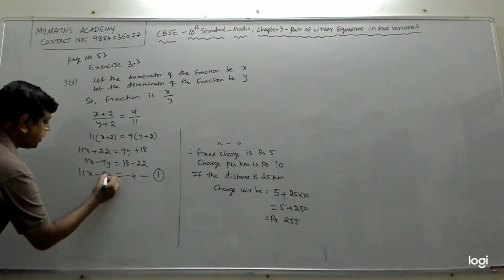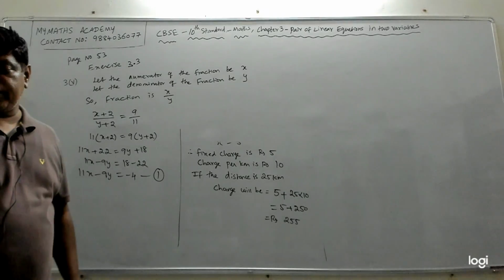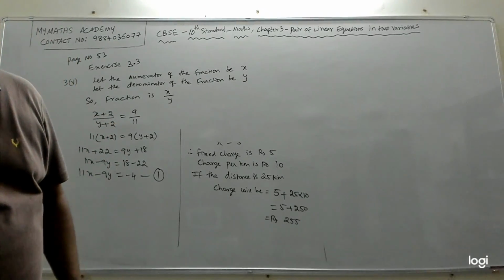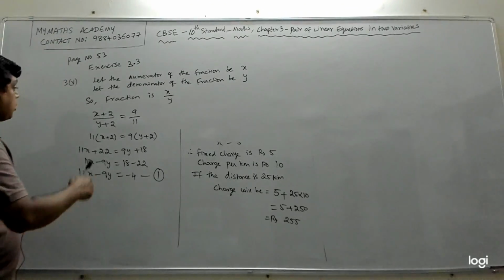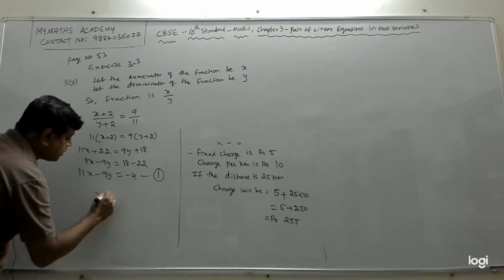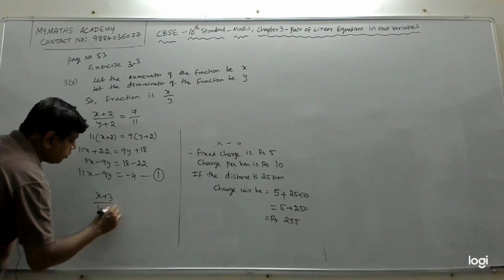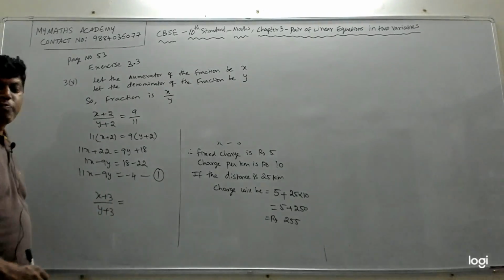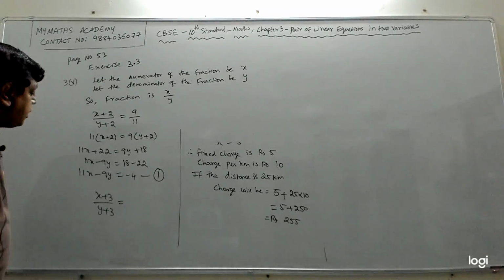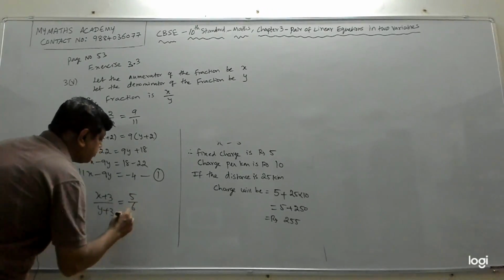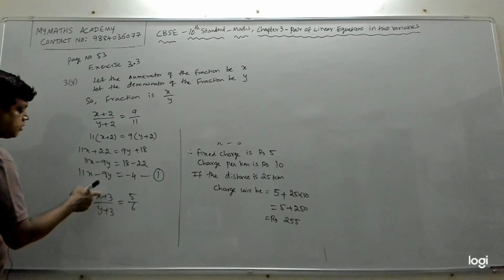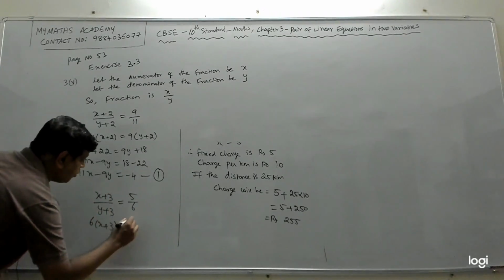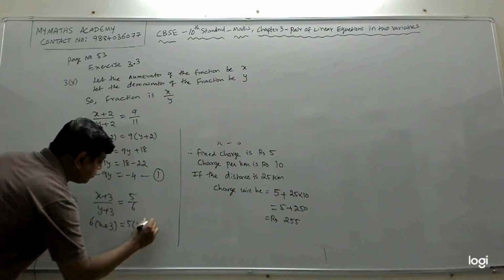Now what does the second statement say in the question? If 3 is added to both numerator and denominator, the fraction becomes 5 by 6. So I am adding 3 to the numerator and 3 to the denominator, then the fraction becomes 5 by 6. Again we cross multiply: 6 into x plus 3 equals 5 into y plus 3.